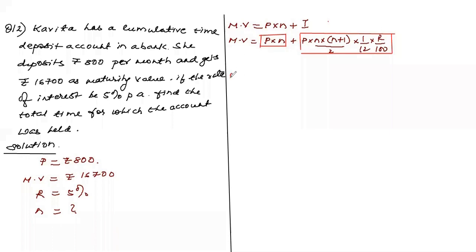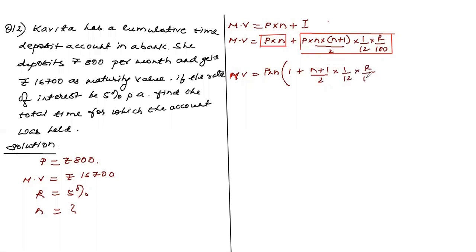So what I get? This maturity value will come out as it is, this P into n will come out, and then inside a bracket, in place of P into n, I'll put 1 plus n plus 1, the whole thing upon 2 into 1 by 12 into R upon 100.